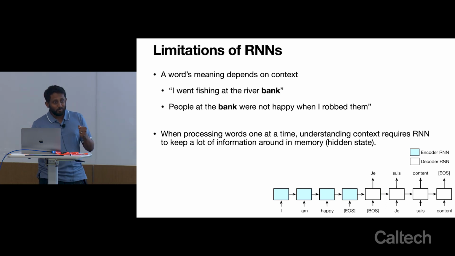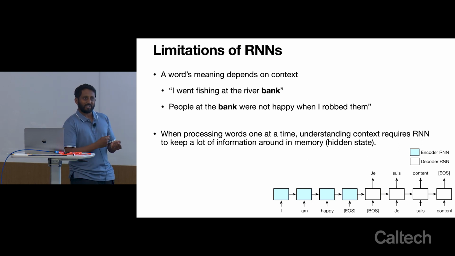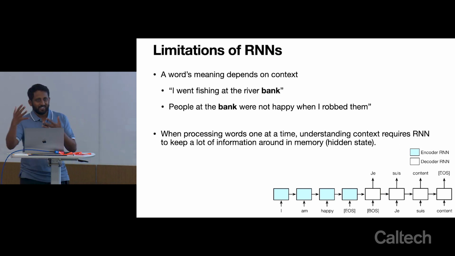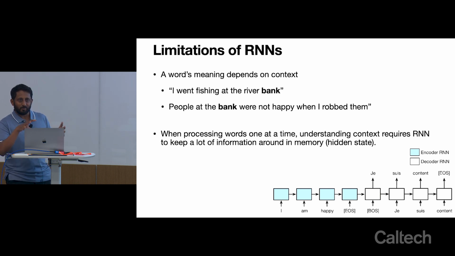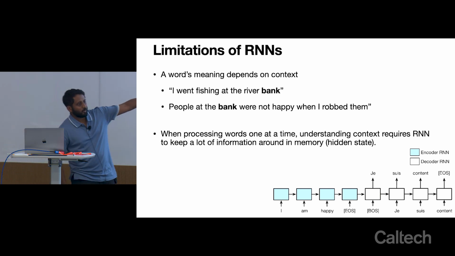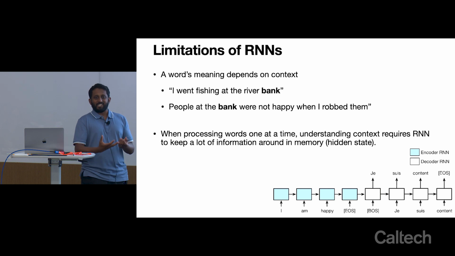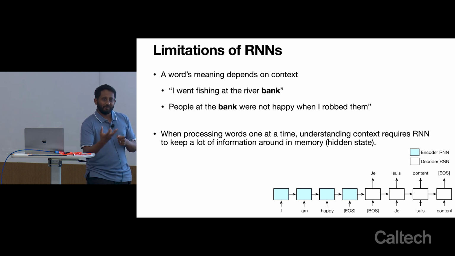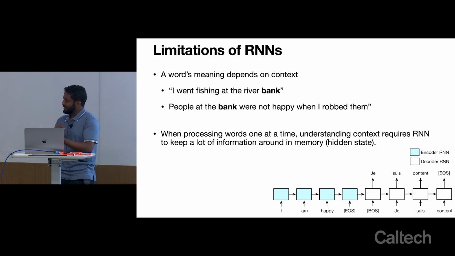So many words later is when you finally get the context that tells you what that bank was. I mean, this is a very simple example, but language has all sorts of these kind of dependencies, short range, long range. I mean, think about the word happy. That word happy has a meaning. If you look at the word right before it, "not happy" has the exact opposite meaning. Right? So the meaning of happy can't be considered in isolation. You have to consider "not".